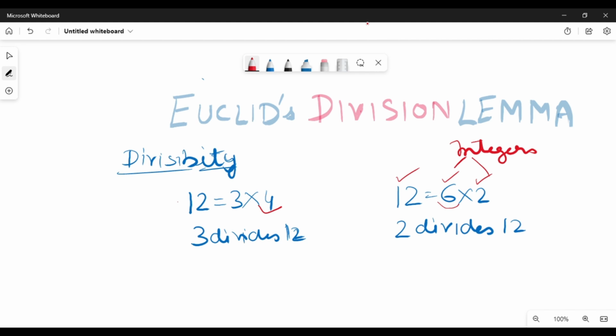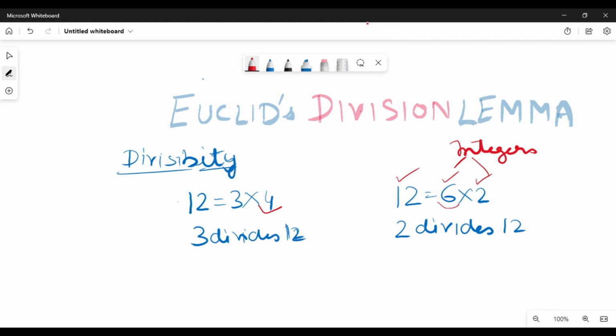Again, 12 is divisible by 2 only because of the existence of the integer 6. Why am I stressing the word integer?